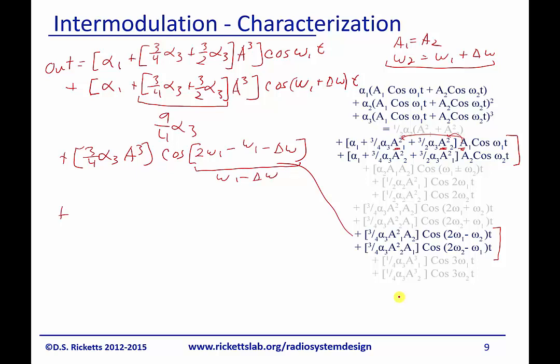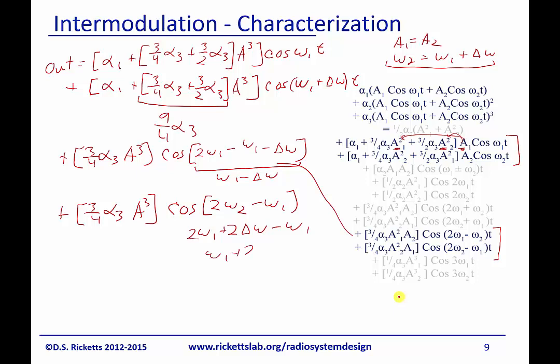And then I can do the other one, 3/4 alpha 3 A cubed cosine, and this is going to be 2 omega 2 minus omega 1. And this is going to be 2 omega 1 plus 2 delta omega minus omega 1. And this is going to then be omega 1 plus 2 delta omega.